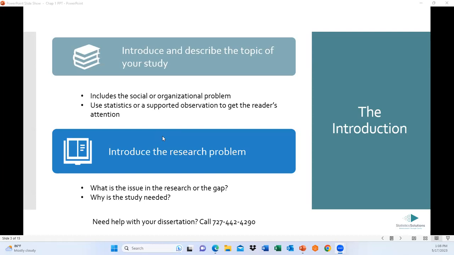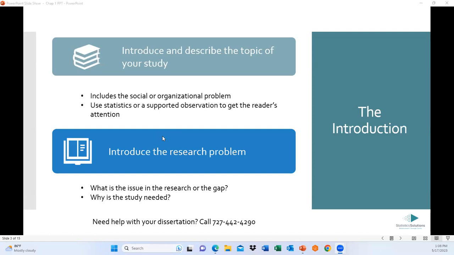Use statistics about the number or percentage of special education teachers who left the field recently. Use some kind of statistic, or even a cited source, to put the problem into perspective, to show the scope of it, to show that it is a problem. Get the reader's attention with that.